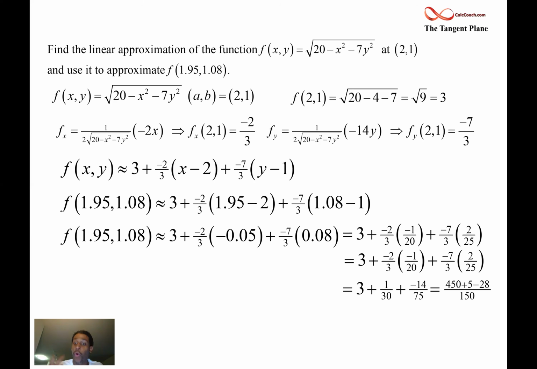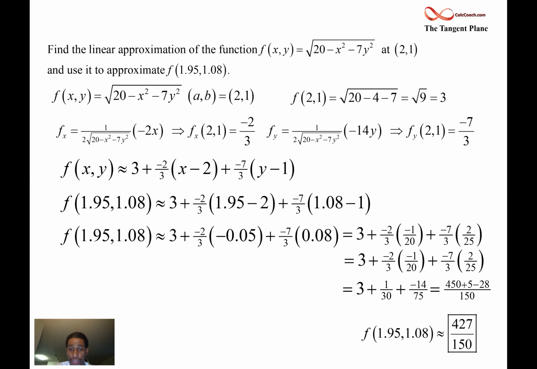The 3 is 450 over 150. The 1/30 needs to be multiplied by 5 top and bottom, so 5 over 150. The 75 needs to be multiplied by 2 top and bottom, so negative 28 over 150, to give us the final result of 455 take away 28, or 427 over 150. All with the power of our brain.